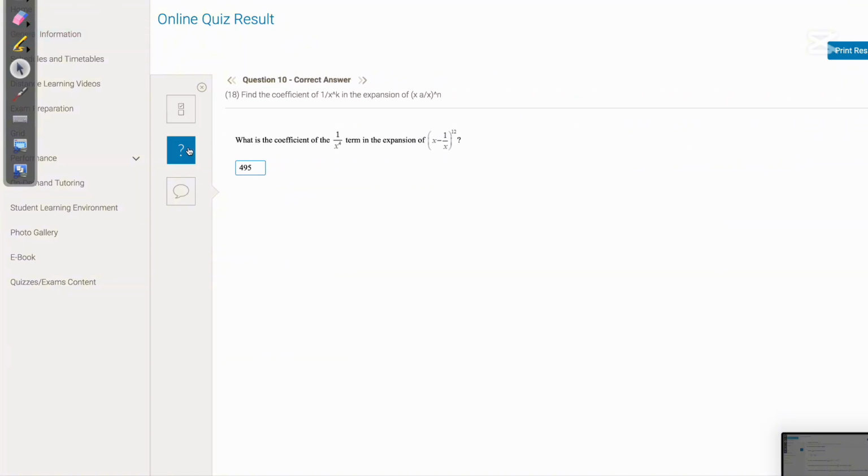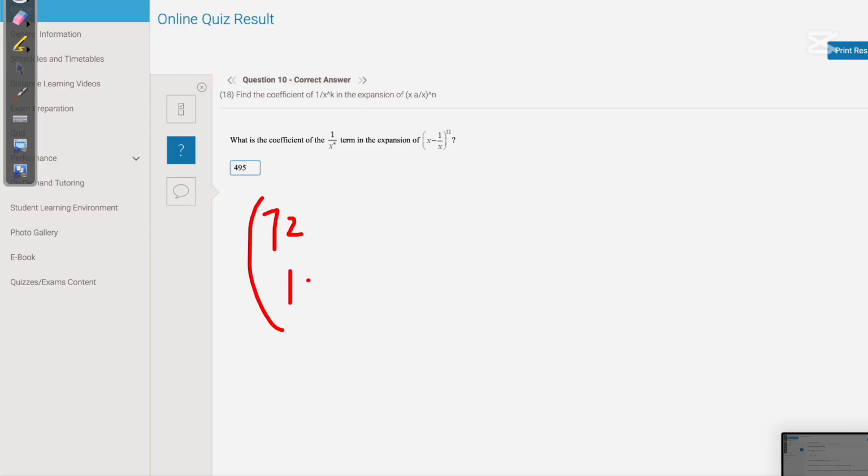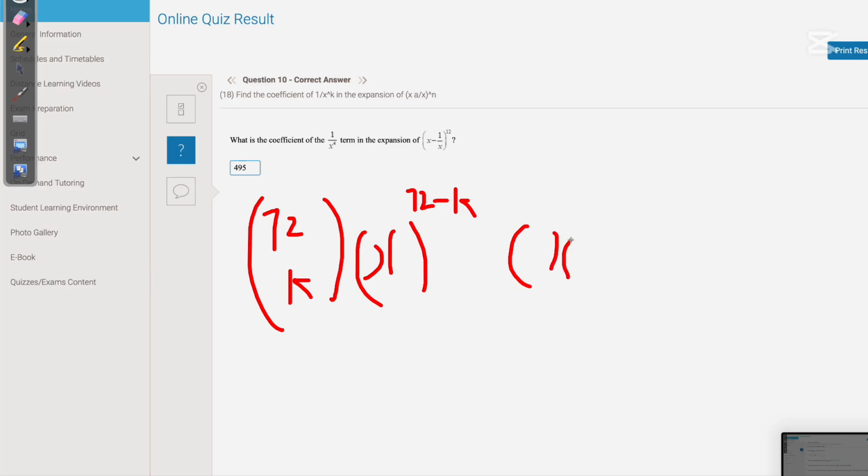Number 10. Which of the following is the coefficient of 1 over x to the 4 in the expansion? First, let's write it. 12ck, x to the power of 12 minus k, times x to the power of negative k after we take it up from the denominator.